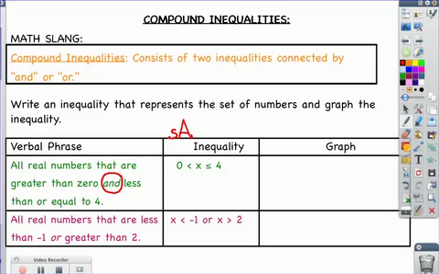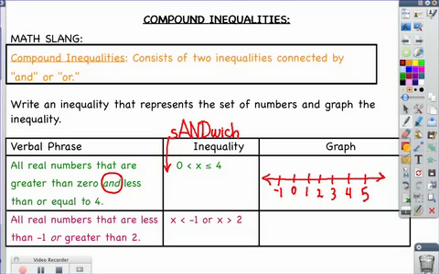When I graph this, I have my number line. Zero is not included, since it just says is less than x, so I have an open circle on 0.